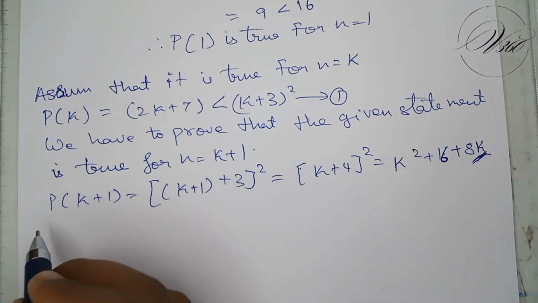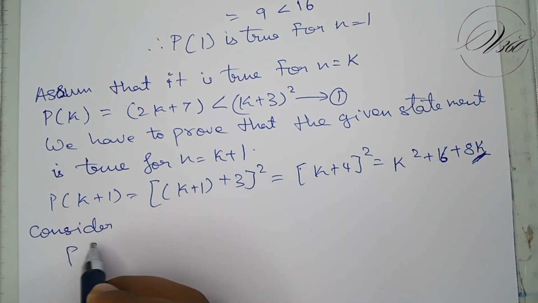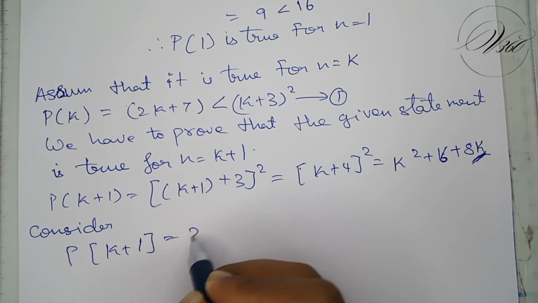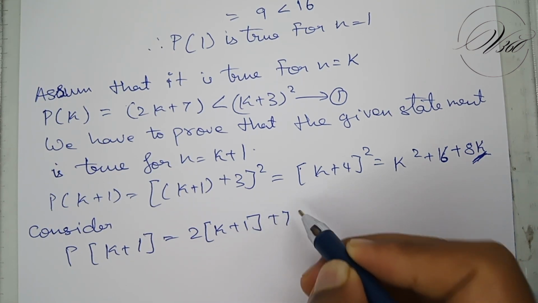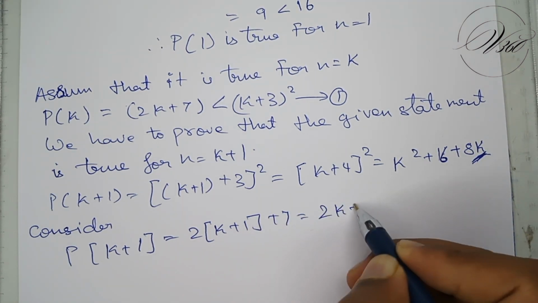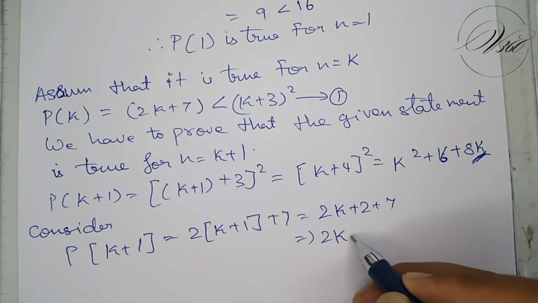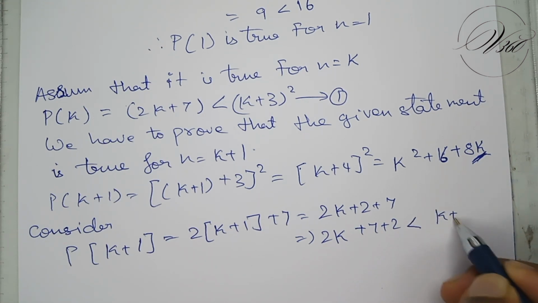Okay, now we will consider P of k plus 1, which is equal to 2(k plus 1) plus 7, which equals 2k plus 2 plus 7, which equals 2k plus 7 plus 2, which is smaller than (k plus 3) whole square plus 2.